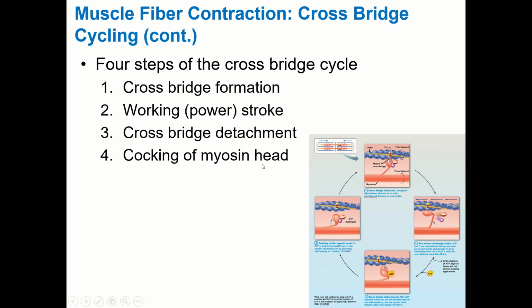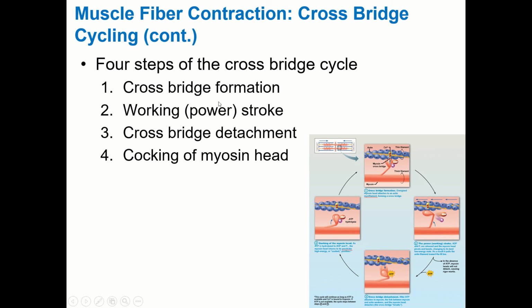What I just described to you was cross-bridge formation, the interaction of myosin and actin. Whenever myosin sees those binding sites, or active sites, on actin, different textbooks call it different things, it'll jump up and attach. So in cross-bridge formation, myosin jumps up and binds to those active or binding sites on actin.